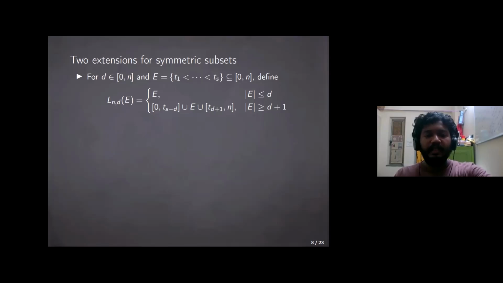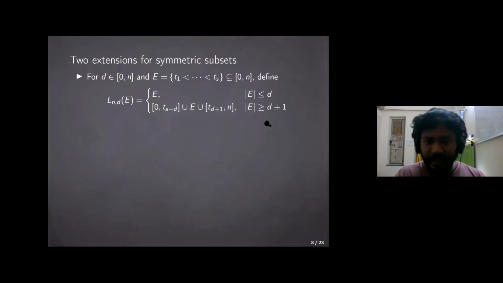So for any fixed degree D and a subset E, which I have enumerated in the linear order T1 to Ts, I define an operator L_{n,D} on E. What does it do? Well, if the size of E is at most D, it doesn't do anything. It's E itself. If the size of E is at least D plus 1, then we include E as well as an initial segment and a final segment.